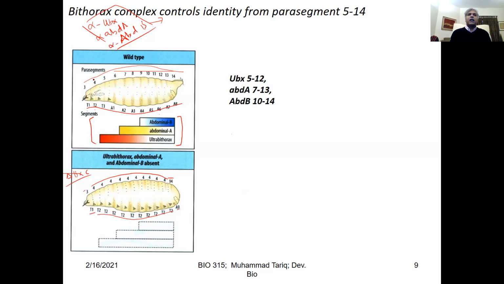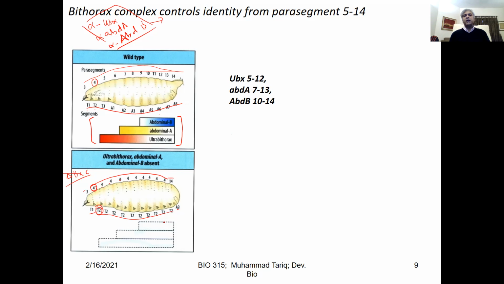So parasegment 4, or thoracic segment 2, has taken over identity. All the posterior parasegments, parasegments 5, 6, 7, 8, 9, are all transformed into parasegment 4, or T2.